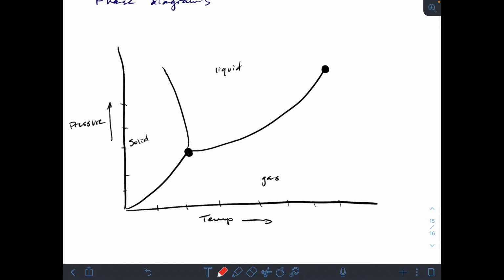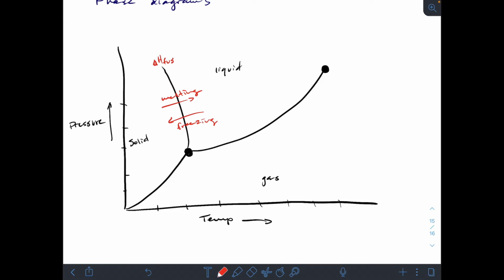Each section of this phase diagram shows a different type of transition. If we look at the line between solid and liquid, going from solid to liquid is melting. Going from liquid to solid is freezing, and the line itself is delta H of fusion.